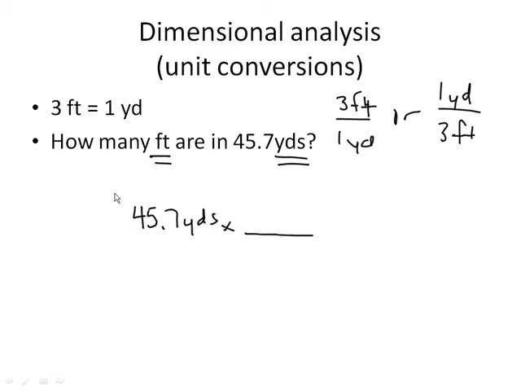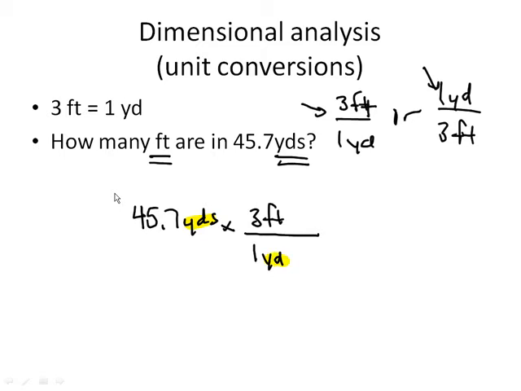So when I pick which of these two ratios, here or here, that I'm going to use, which one makes sense? Well, hopefully you pick the one with yards in the bottom, because if I have 1 yard in the bottom to 3 feet, then we see that yards are here and here, and they divide themselves out.